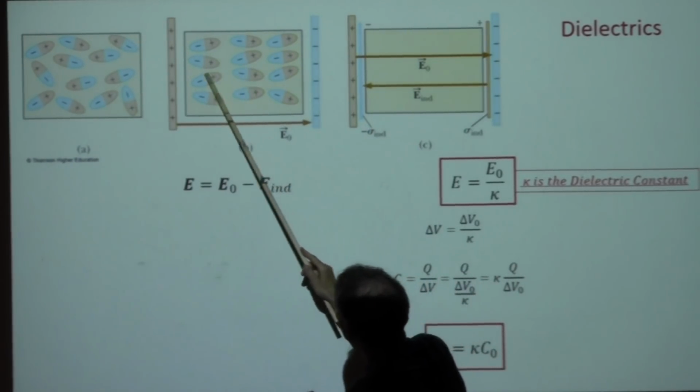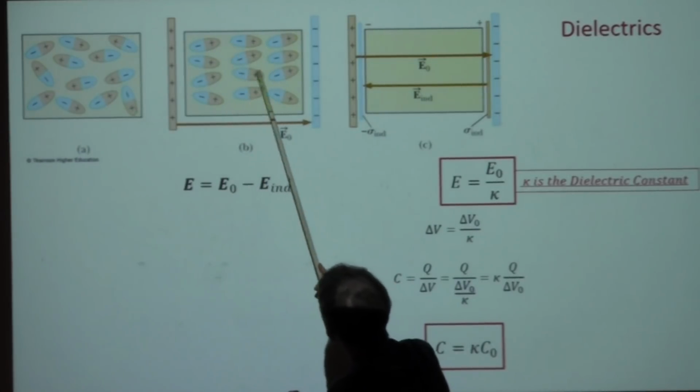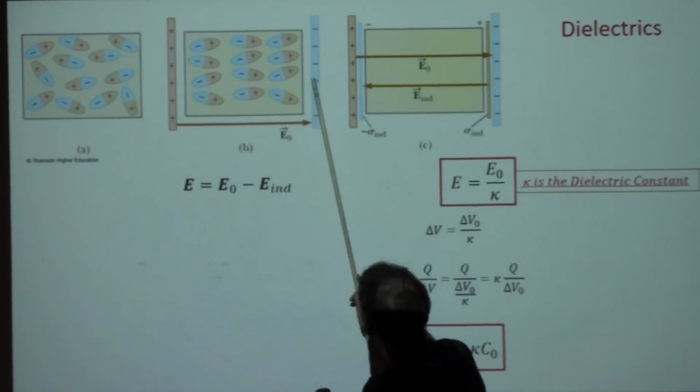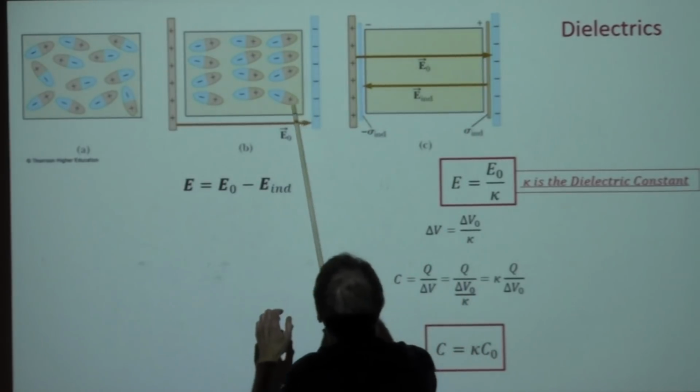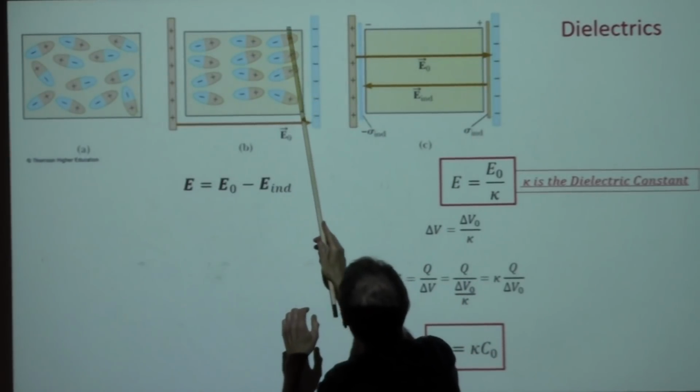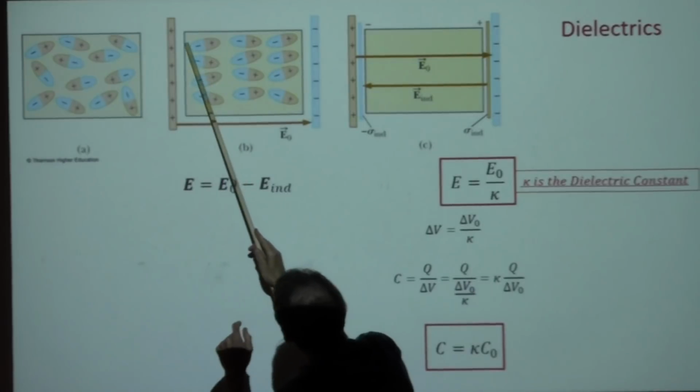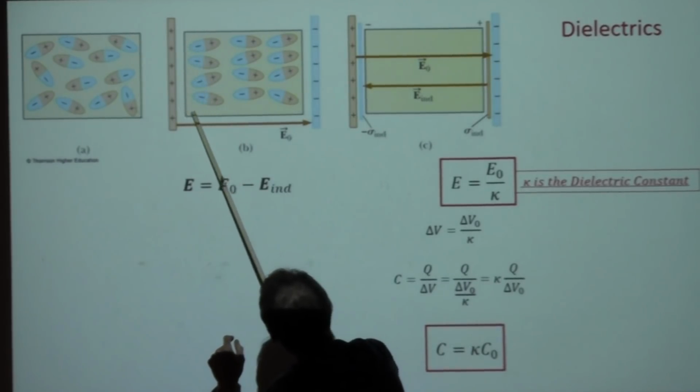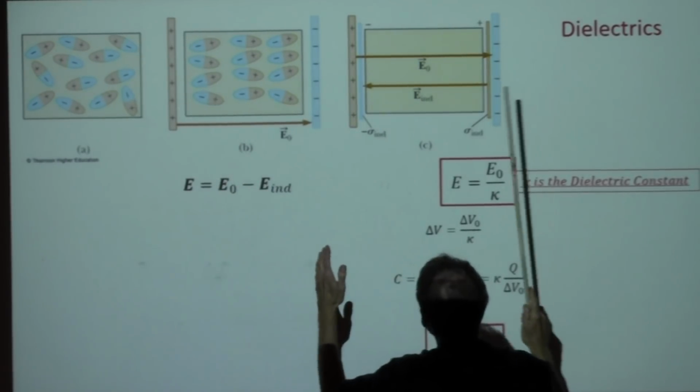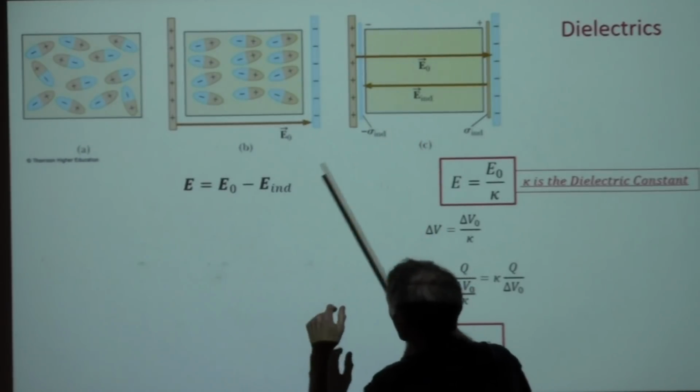These minuses and pluses kind of cancel one another out in this region, but this side tends to become more positive, and this side tends to become more negative, and so there's what we call an induced electric field.